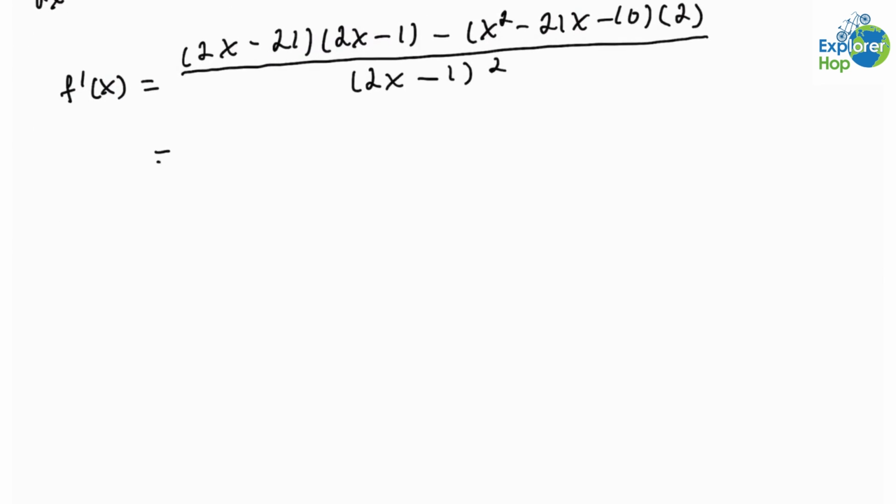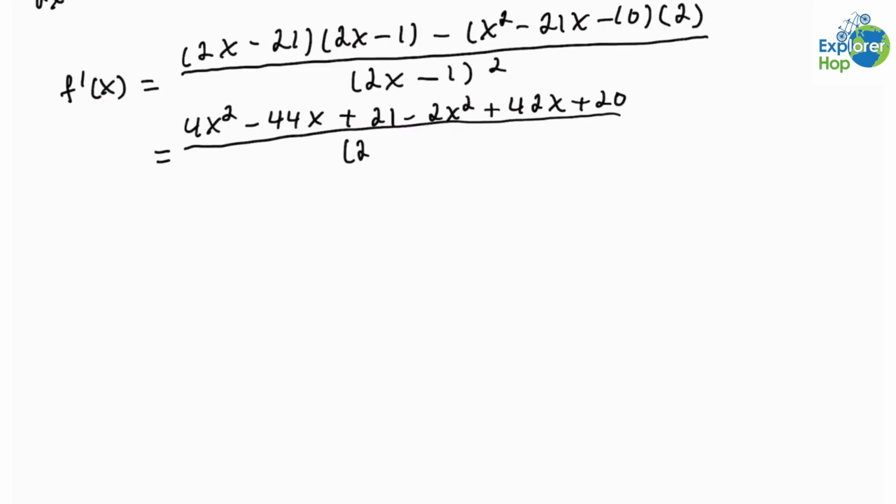And this is equal to 4x squared minus 44x plus 21 minus 2x squared plus 42x plus 20, all over 2x minus 1 squared.